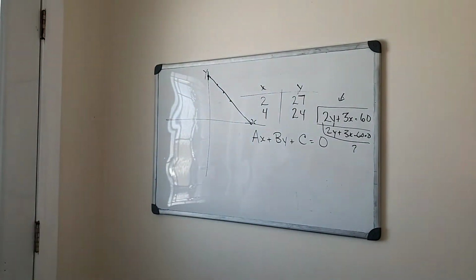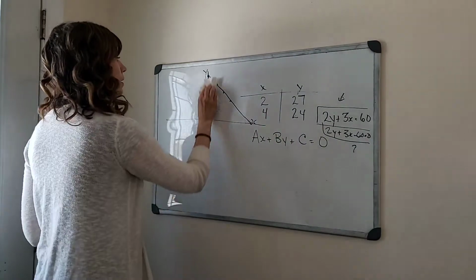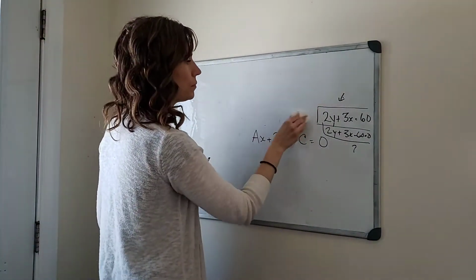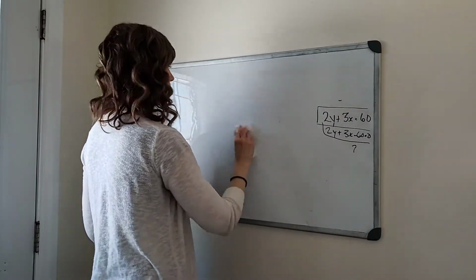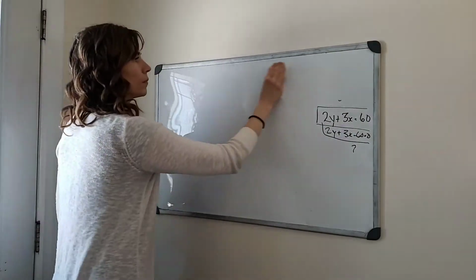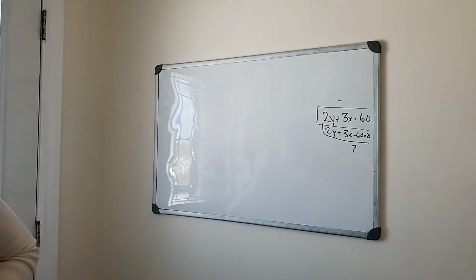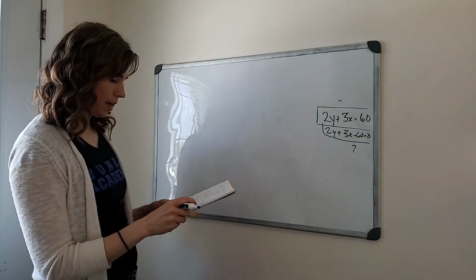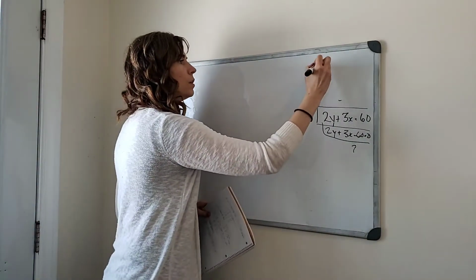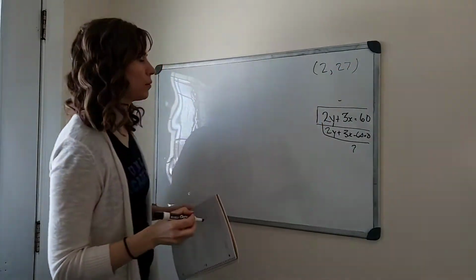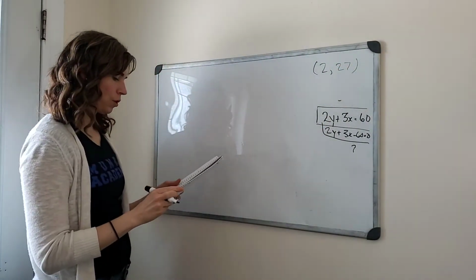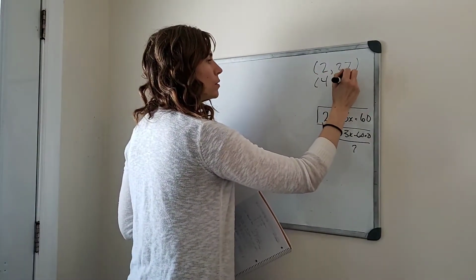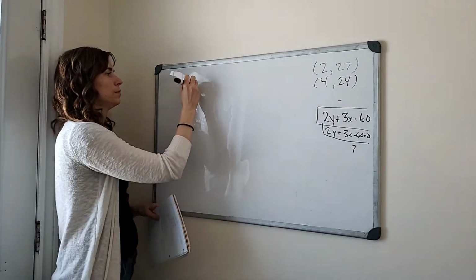Okay. Let me just erase this. So let's use our slope point form, and I am going to use the point 2, 27. That was a point that we had, okay? So let's find our slope first.